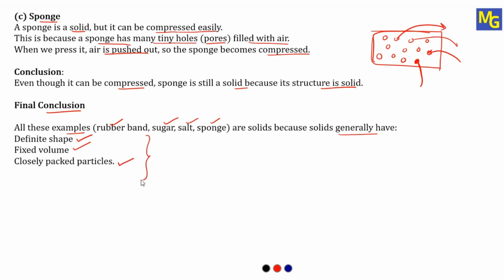So these are the properties of solid. All solids will have definite shape, fixed volume, and the particles present in the solid will all be closely packed due to strong force of attraction. So all these properties we have seen with the help of some of the activities.